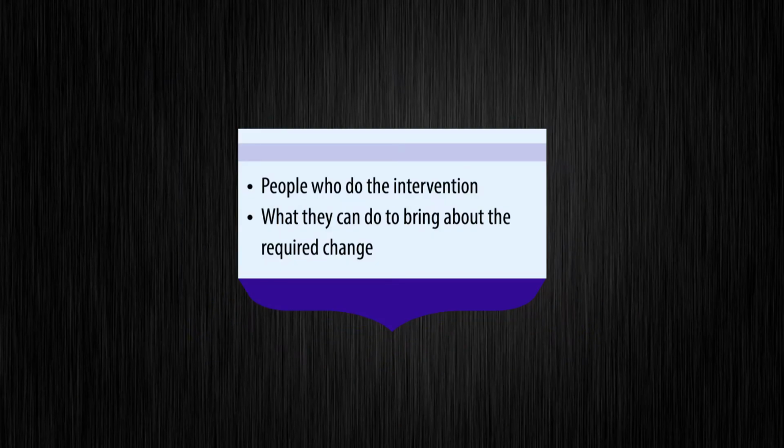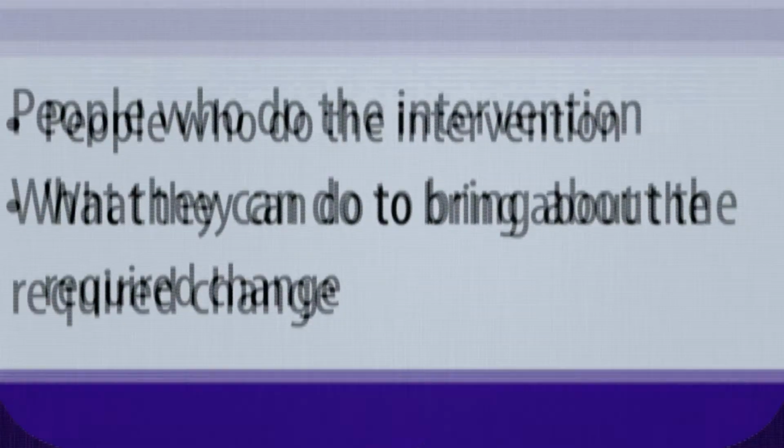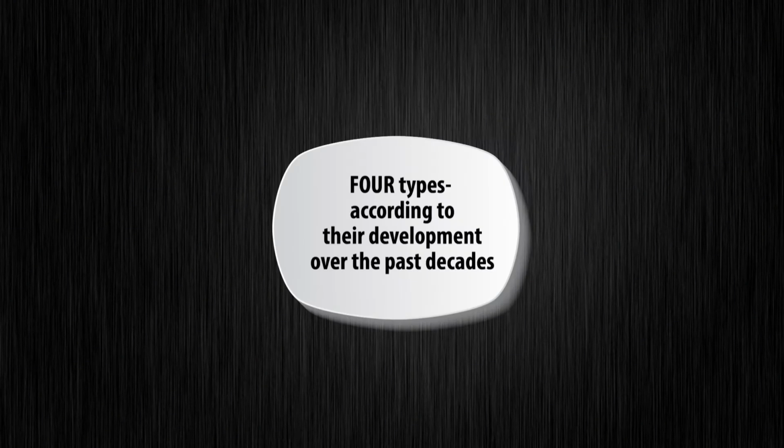Focus here is on the people who do the intervention and what they can do to bring about the required change. This intervention involves 4 types according to their development over the past decades.